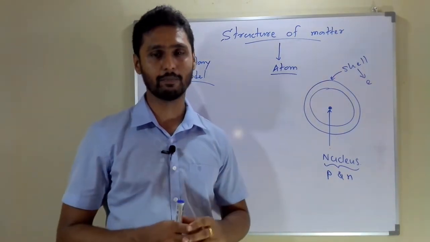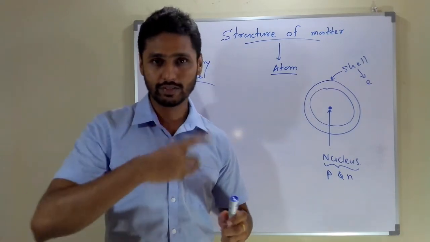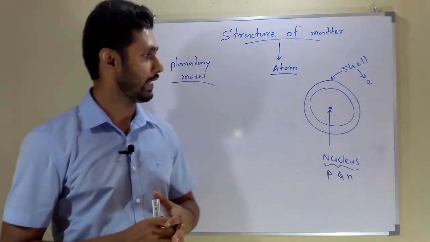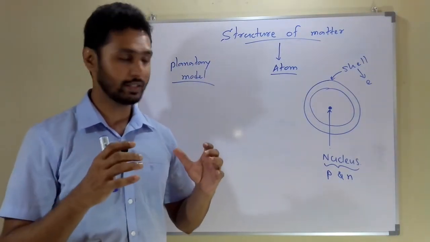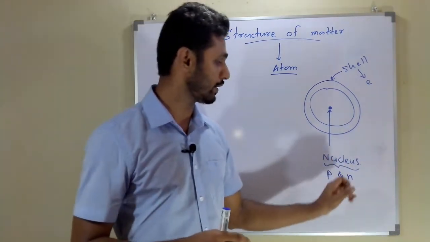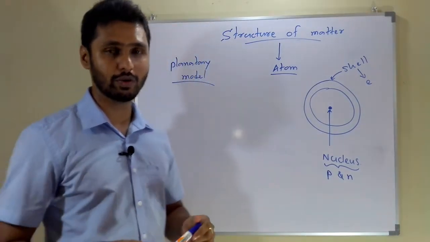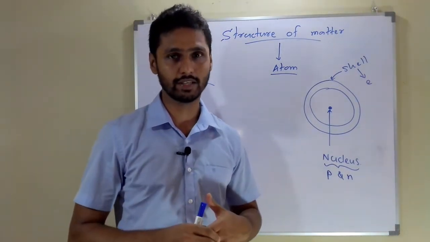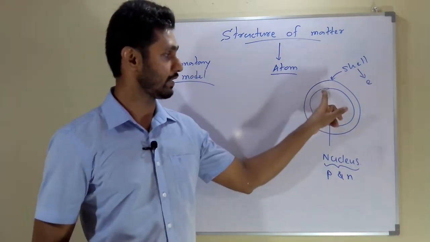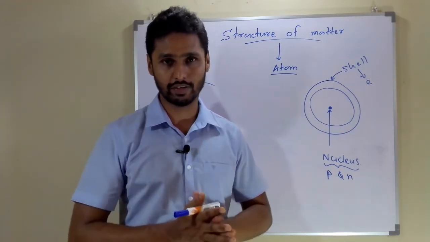He said that there is a center of an atom, and around the center there are shells, and he said that the nucleus contains protons and neutrons, and another scientist called Niels Bohr explained the presence of shells, he named these shells as energy levels.